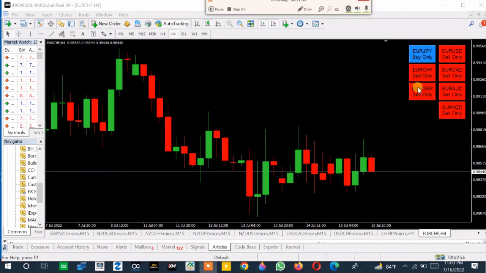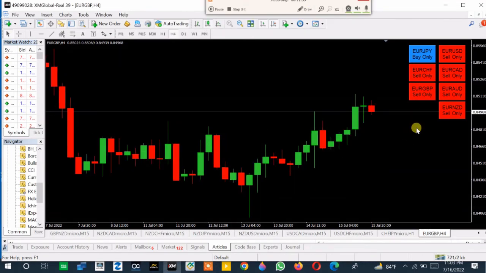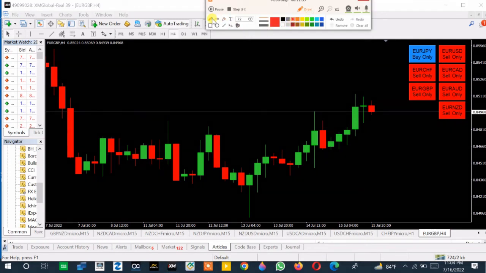Next we go to Euro JPY again, same way. This is our candle, with its highest and lowest value. So here it clearly says sell only, so we make a sell stop.